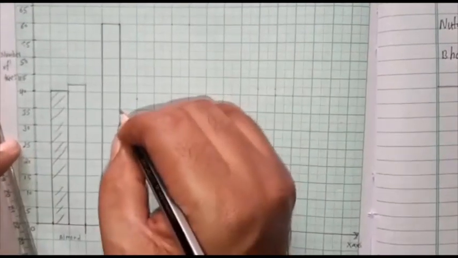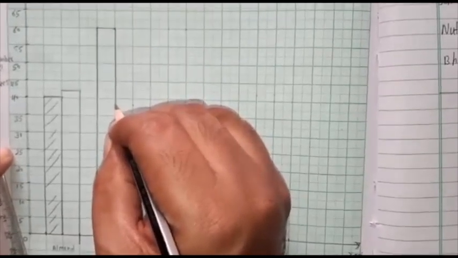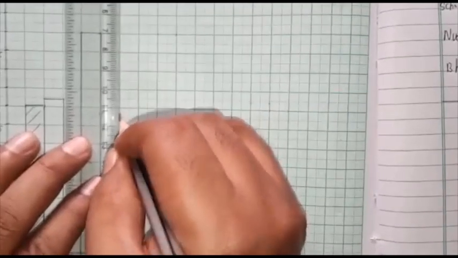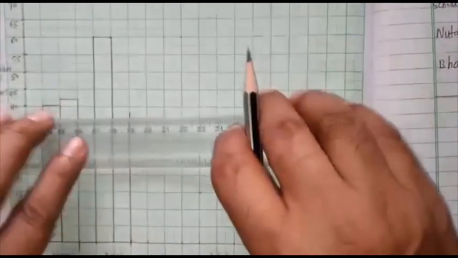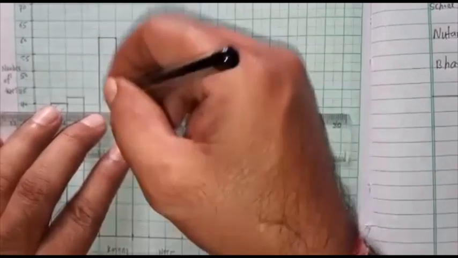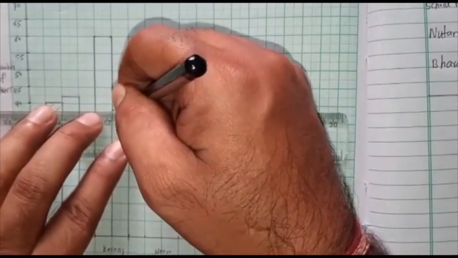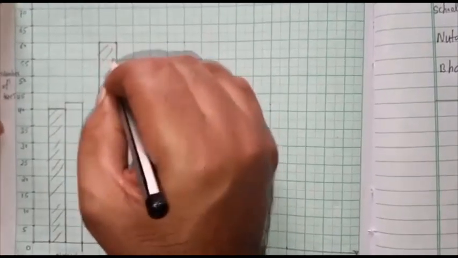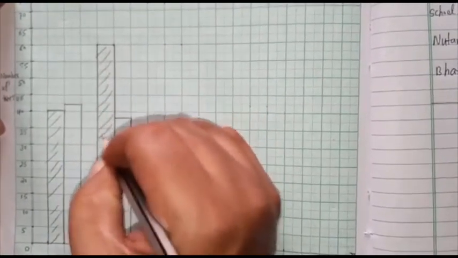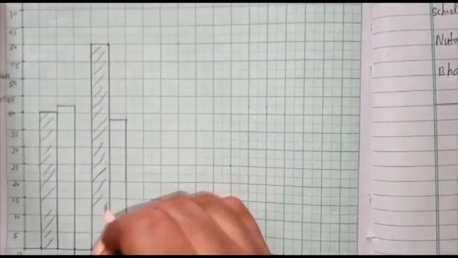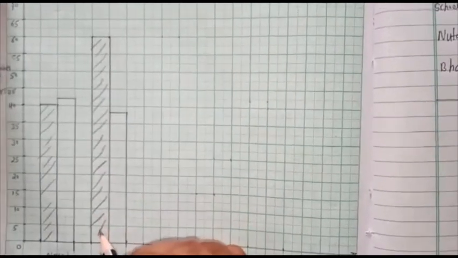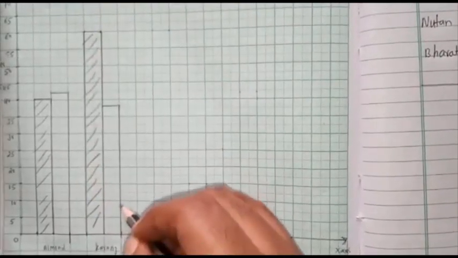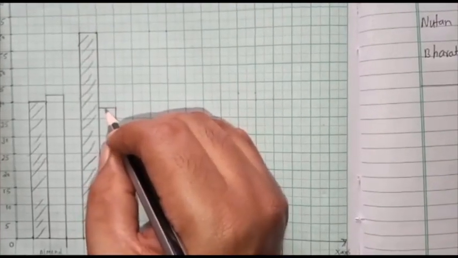So 38, this is 35, this is 37.5, this is 38. So this is the graph for the currant tree, 38 for the Bharat Vidyalaya. Next, this part we show like this. So this one shows Nutan Vidyalaya 60 and Bharat Vidyalaya 38.